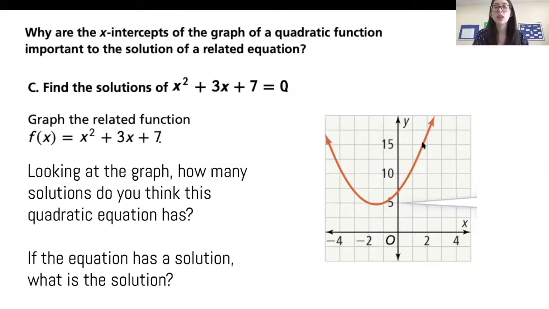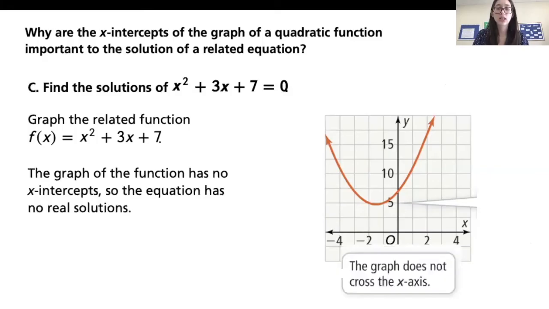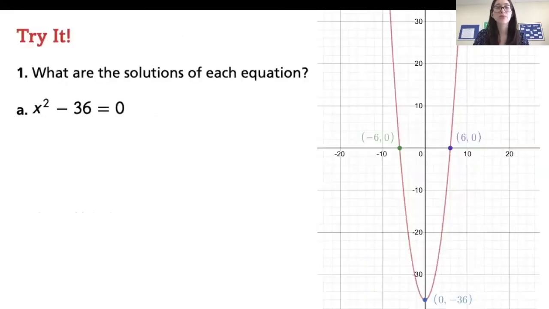Here we notice that this will continue to keep going up on both sides, so our lowest point is down here, which isn't anywhere close to our x-axis. So we don't have any x-intercepts. Since it doesn't cross or touch the x-axis, that means we have no real solutions. We'll talk a little more about real solutions later on, but in this case, we have no solutions.